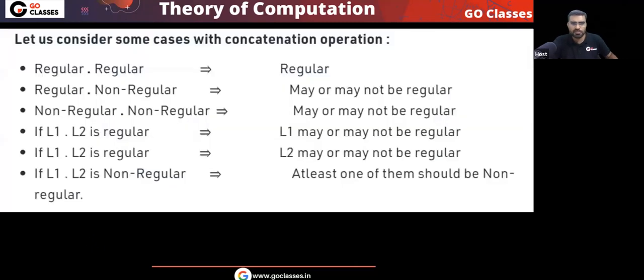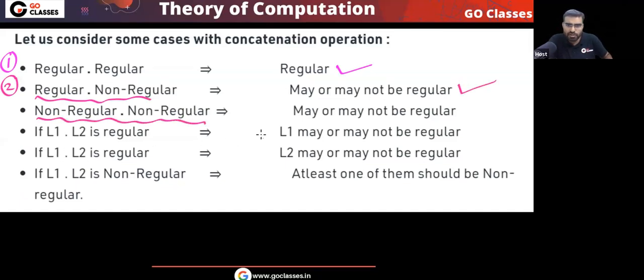Okay, so this is the table. Again, you can see these are all questions. Are you comfortable? Regular dot regular is regular. Is the first one correct? Yes. What about the second one? Regular dot non-regular may or may not be regular. This is also correct. Non-regular dot non-regular may or may not be regular. Correct.